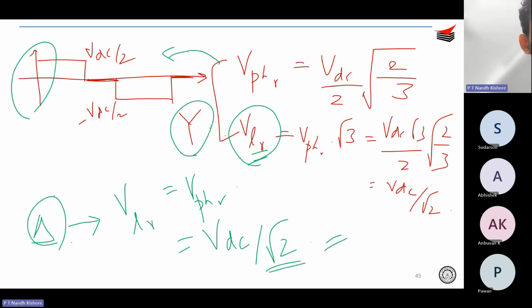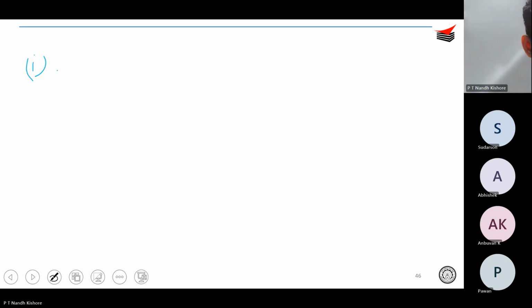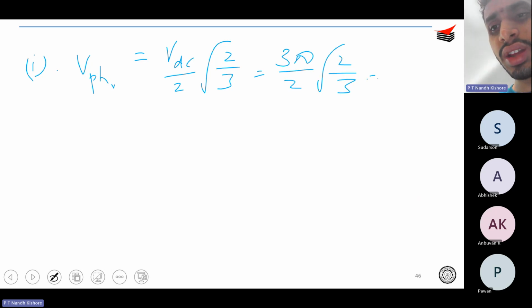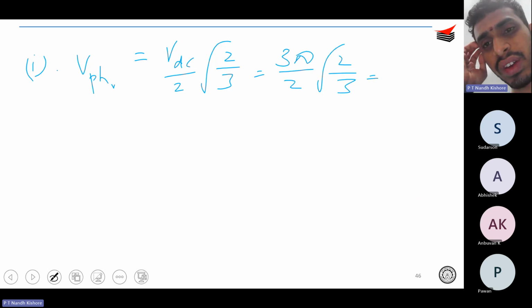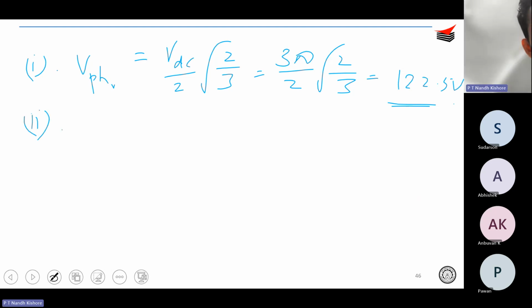So what is V phase RMS? V phase RMS is VDC by 2 into root over 2 by 3. That is 300 by 2 into root over 2 by 3, and you should get somewhere around 122.5 volts. This is for star connection.